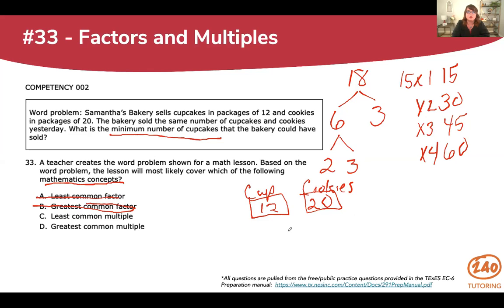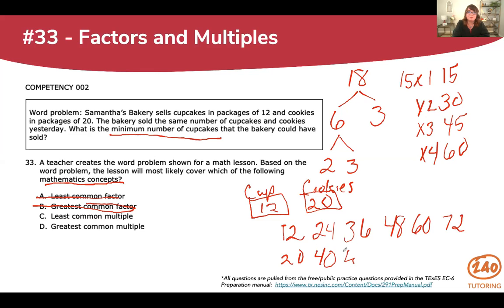So if we were actually going to solve this problem, I would just list all the multiples, 12 and 20. So I'd skip count 12, 24, 36, 48, 60, 72, and so forth. And then I'd do 20, 40, 60.